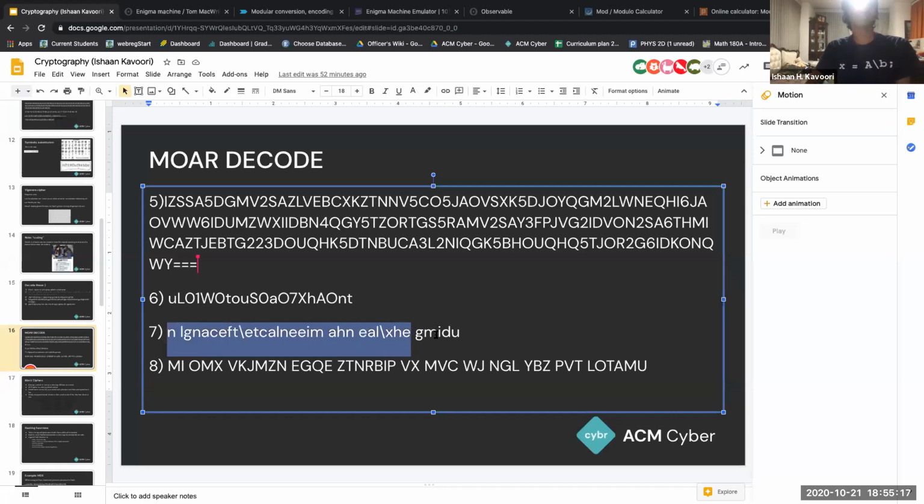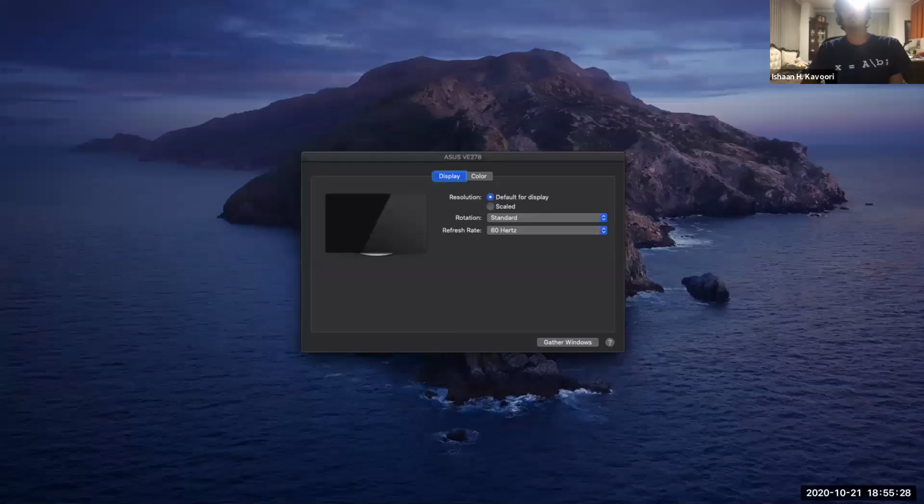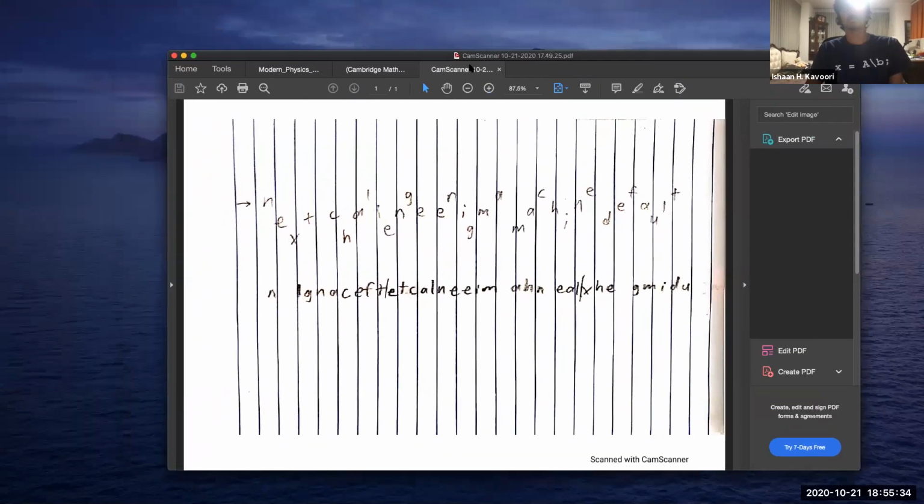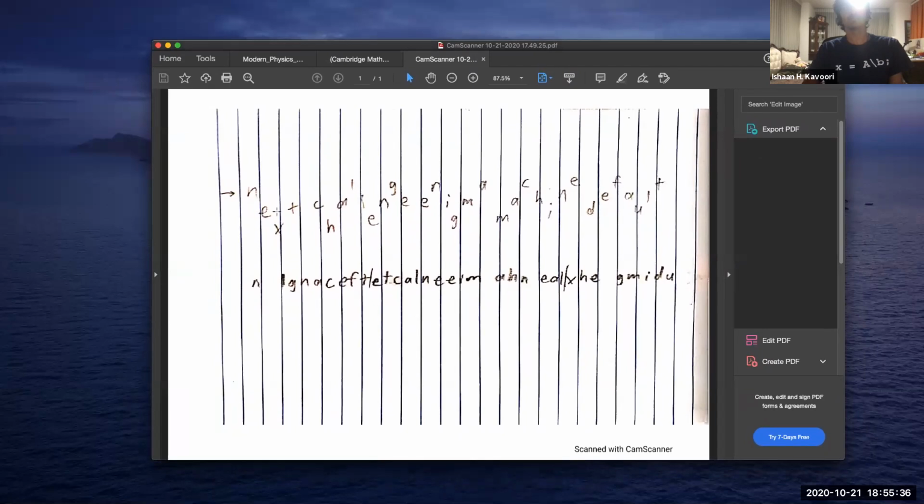Now this one is also not something I told you about. It's actually a very weird visual cipher. In fact, it's so weird that I wrote it out. There it is. What I did was I started writing the words like this.